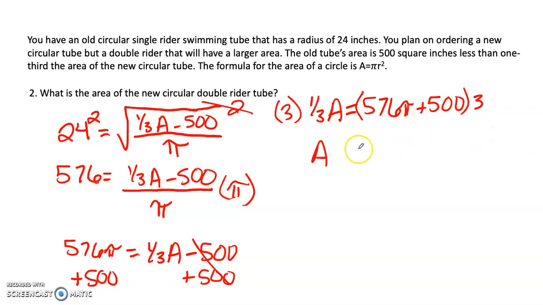When I put all of this into my calculator, I'm going to get around 6,925. Let's round to the nearest hundredth, 0.92 inches squared. All right, this is the area of the new circular double rider tube.